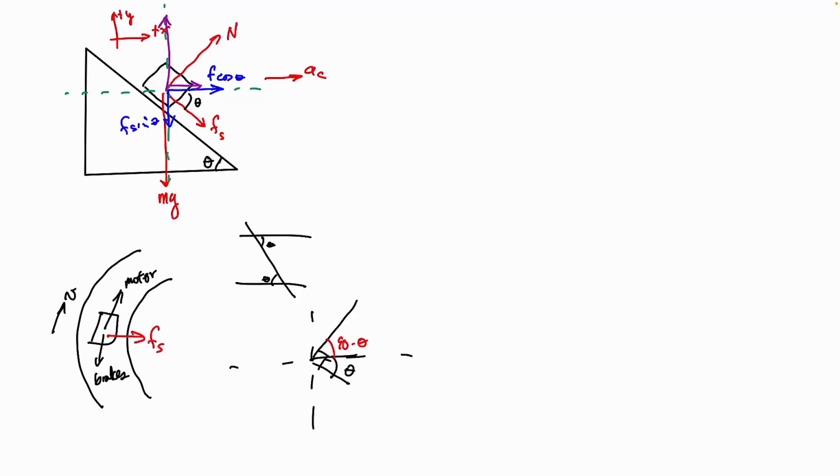But what I'm going for is the angle that's sitting in here, and this happens to be a 90-degree angle. So what is this angle? It's 90 minus 90 minus theta, or it's theta.